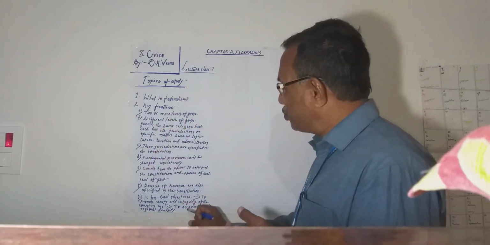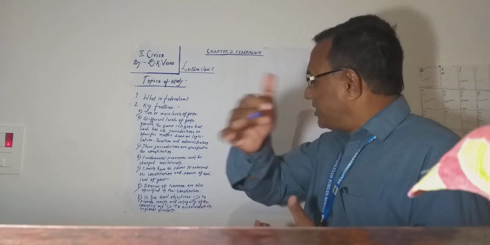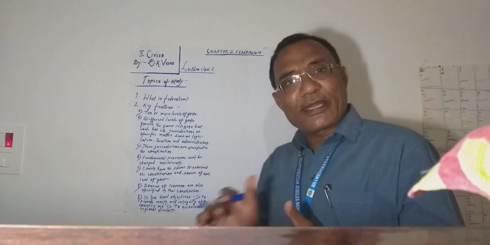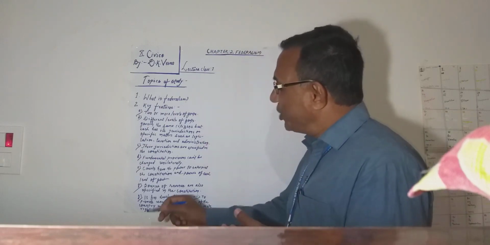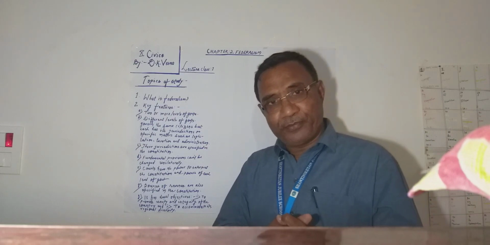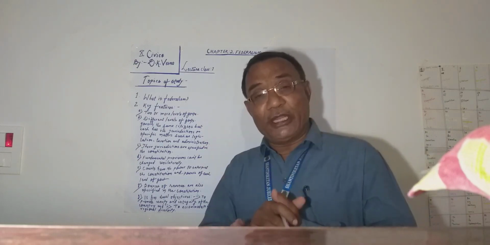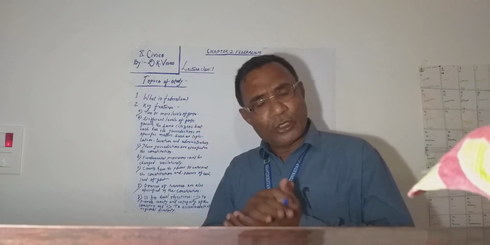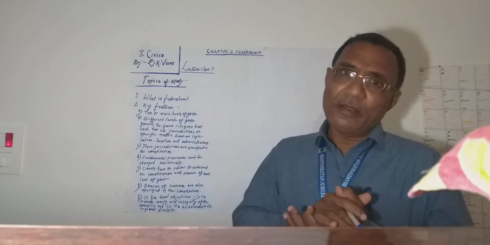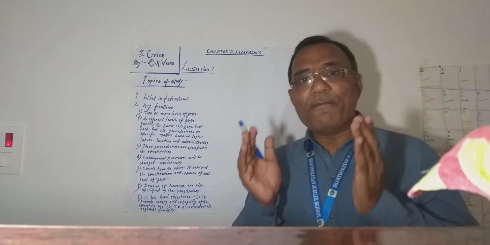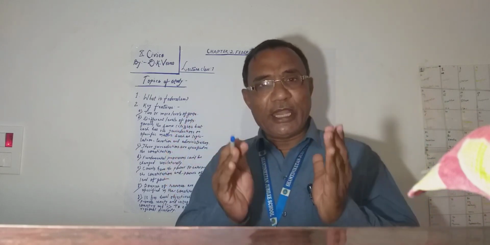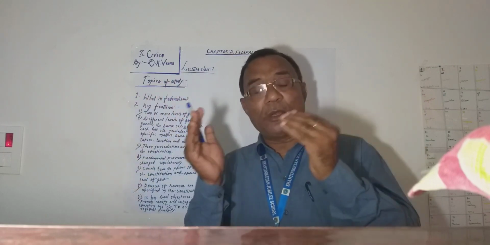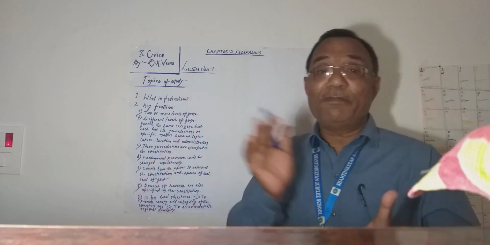The second objective of our federal system is to accommodate regional diversity. Yes, it is a very important matter of discussion, students. Accommodation of regional diversity means to combine the culture, civilization, language, and way of living of different types of people living at different places.